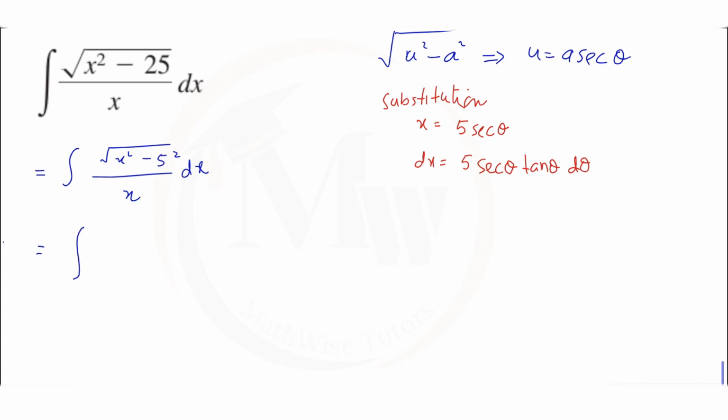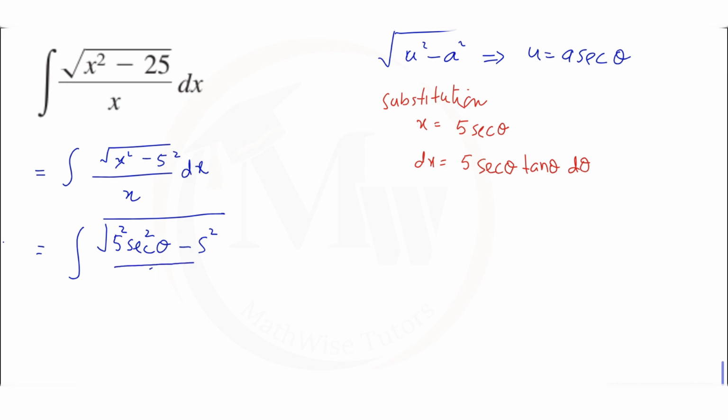So here, look at this, x square becomes 5 square secant square theta minus 5 square. I'm not writing the 5 square as 25, because 5 square is the same on both terms. It can be taken out, just like in the previous question, right?